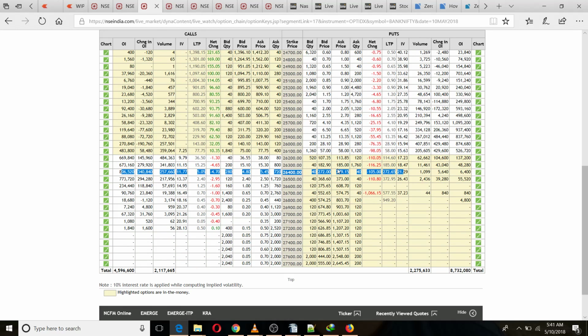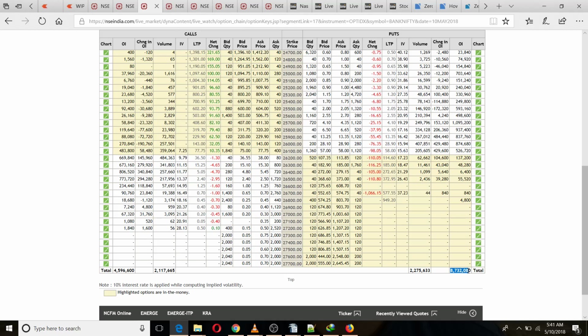Now if you see Bank Nifty options data, yesterday we saw that here it was around 71 or 72 lakhs of open contracts in puts. Today we see that it is 87 lakh. That means 15 lakh more open contracts were created. That is to say, 15 lakh put writers have joined and shorted puts of Bank Nifty.